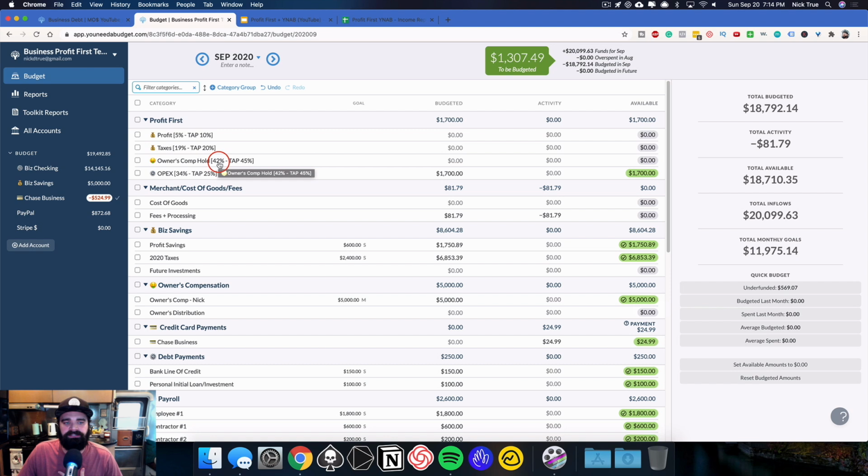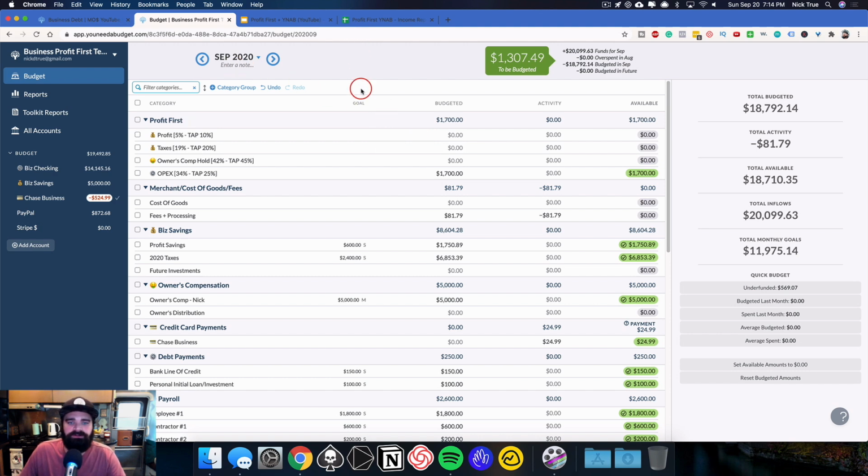Even though I pay myself 42% of our revenue for owner's comp, I don't just pay myself 42% every single month. I put myself on a set salary. This is how we are able to stabilize during the ups and downs of the business. And so if I have more money available for any given bucket than I need that month based on my goals, I can start funding the next month.